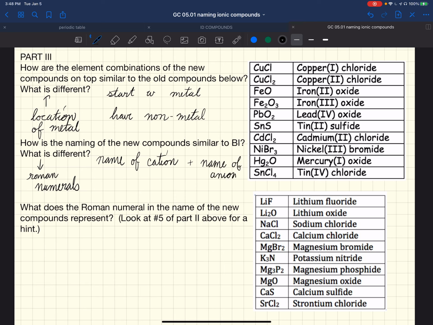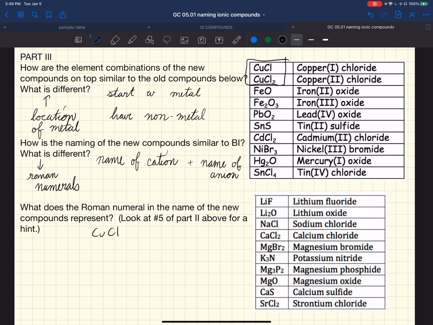All right. What does the Roman numeral in the name of the new compounds represent? Oof, that's tough. Okay, let's take two examples and deconstruct them a little bit. I've got CuCl and CuCl2.